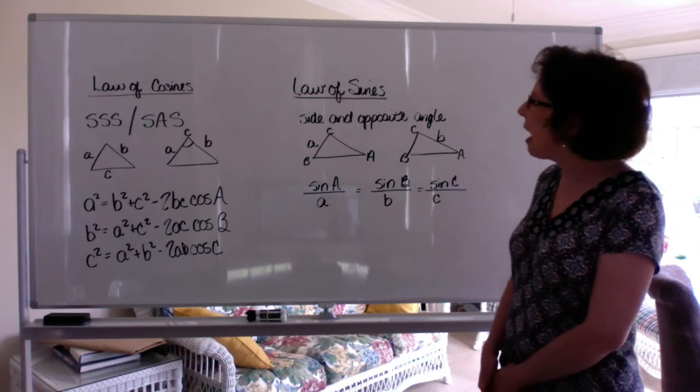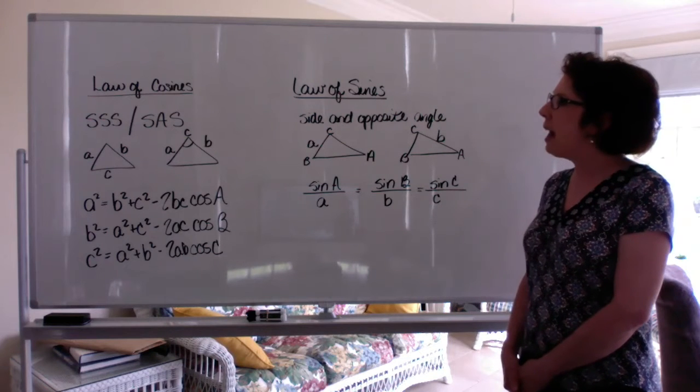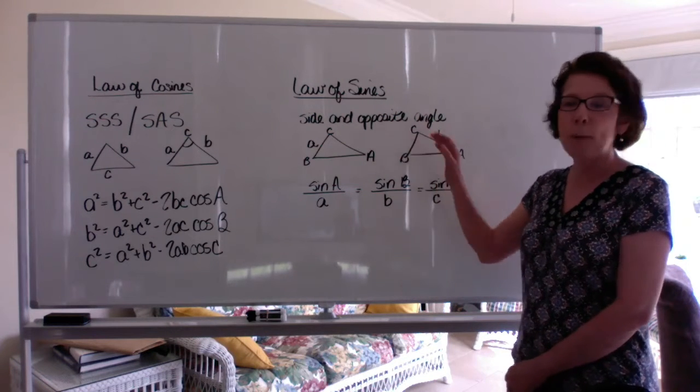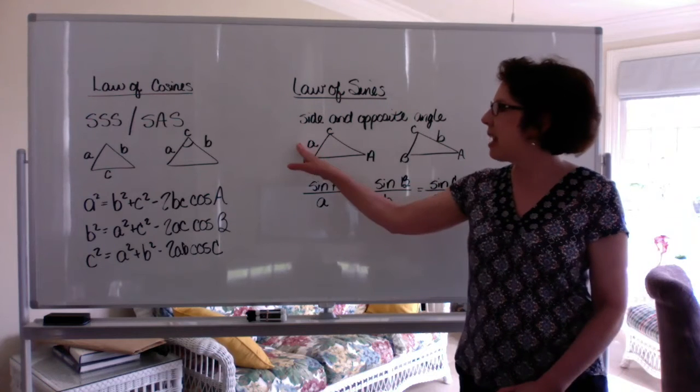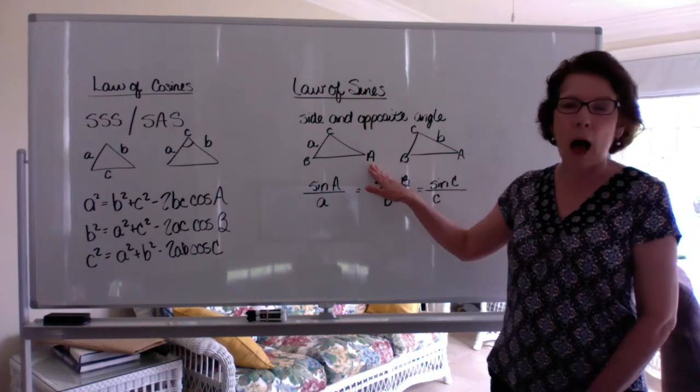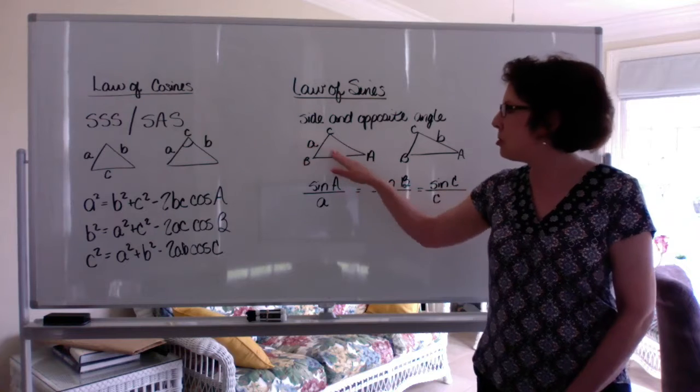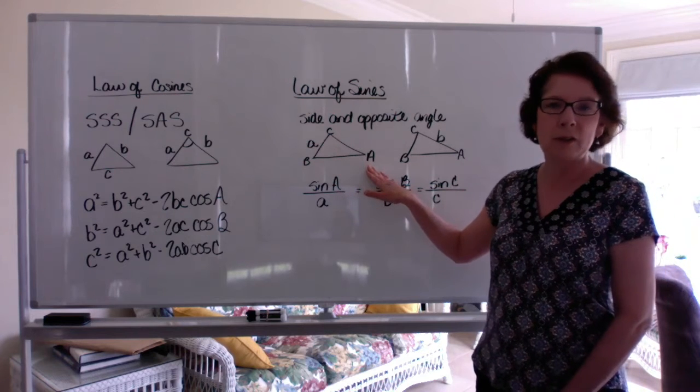Okay, the law of sines. That is when you have a side and its opposite angle. So here I have side A and I have opposite angle A. If you know those two measurements, you can use the law of sines.